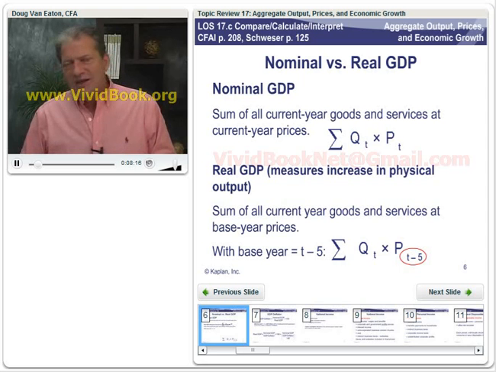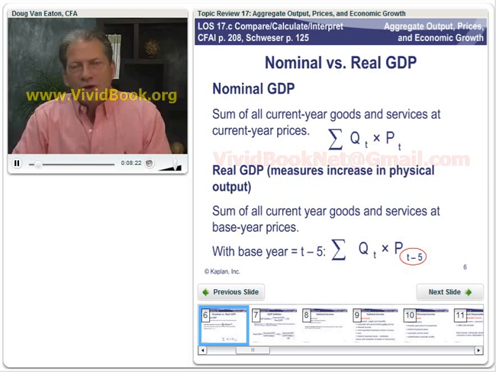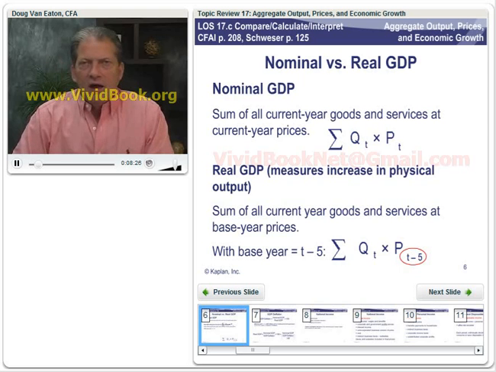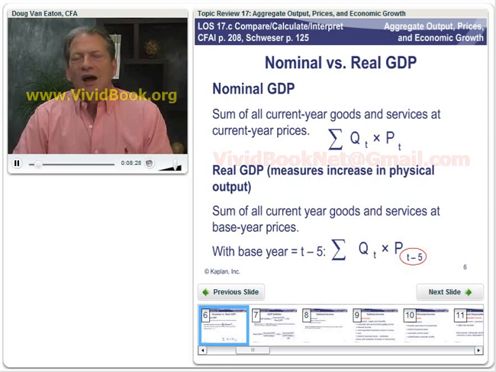So that's not the measure we want. We want real GDP. Well, real GDP tries to answer the question of how much more stuff was produced, not how much more dollar value or euro value was produced.